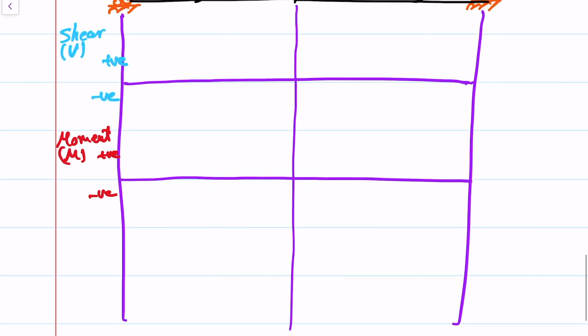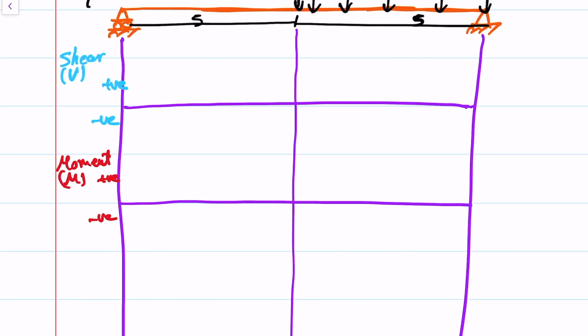So these should be the equations here. So the V here is 5.75, the moment is 5.75x plus 80. Sorry, I should use red color.